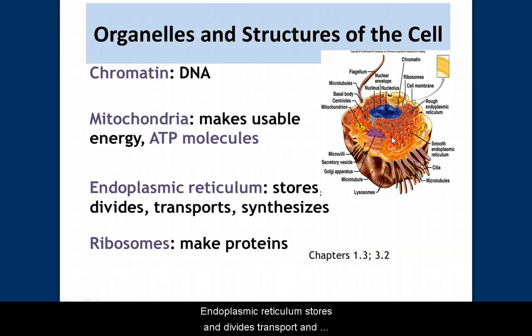Endoplasmic reticulum stores and divides, transports and synthesizes fats, and helps to break down drugs and stuff like that. But it's sort of like a transport system, and also synthesizes or makes other substances. Ribosomes is responsible for making proteins, those complex macromolecule proteins.